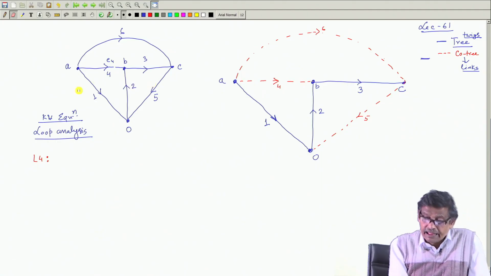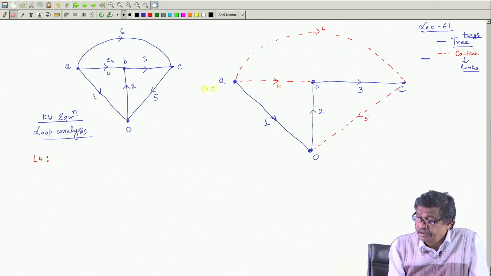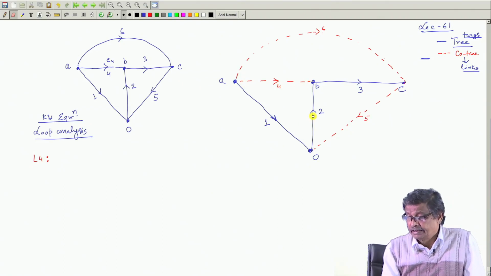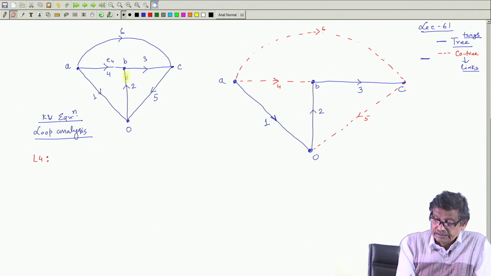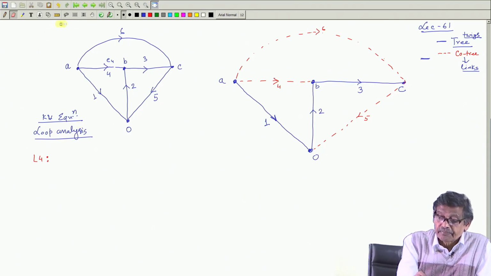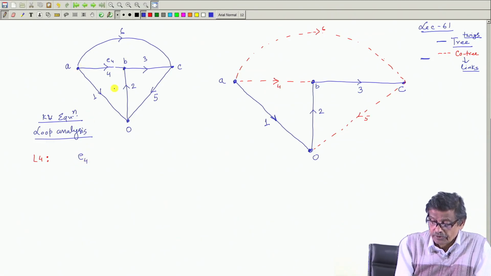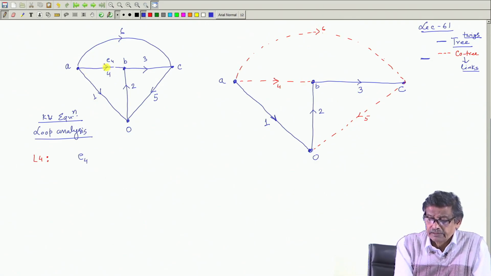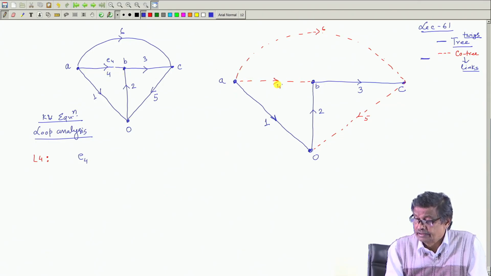Now, in this loop, which is formed by this link L4 and these two edges, the KVL equation will be E4. Follow me carefully: give E4 a positive sign when you are going along the arrow. That is, the link will be 4.